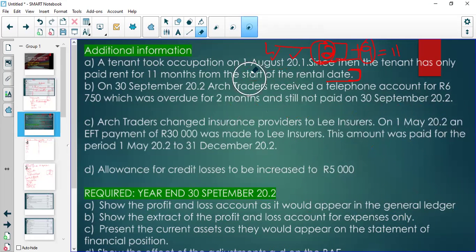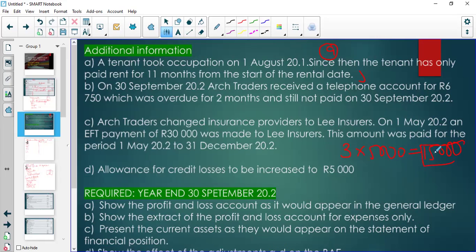We have determined that this current year, 9 months has been paid, so 3 months is outstanding. And the rent per month is 5,000. So we have 15,000 accrued income.